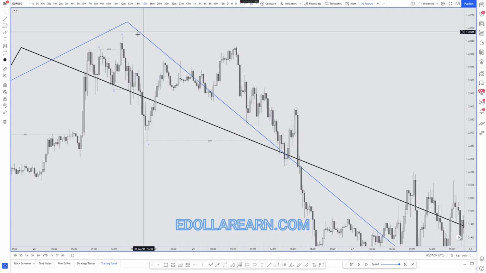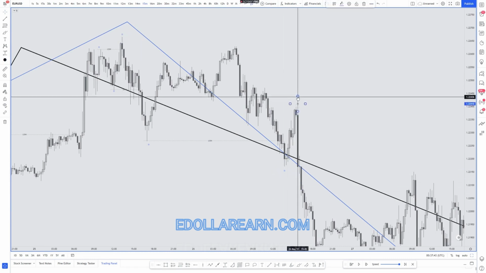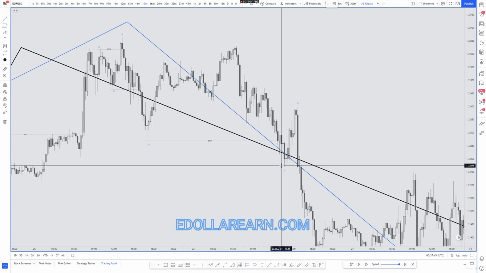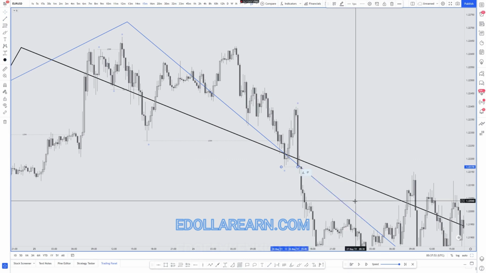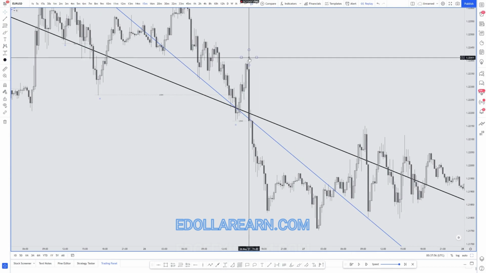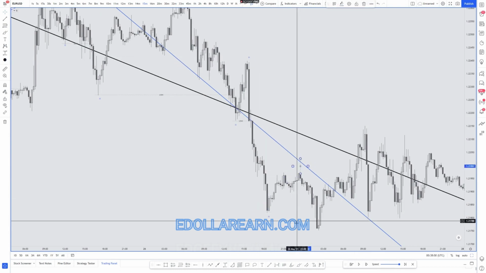Again, we have the highest point to the lowest point, our pullback. Here the impulse really doesn't have any pullback till here.